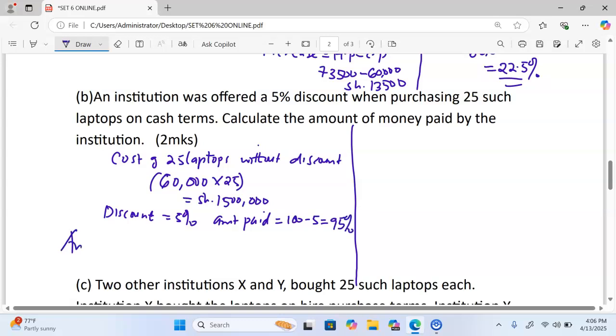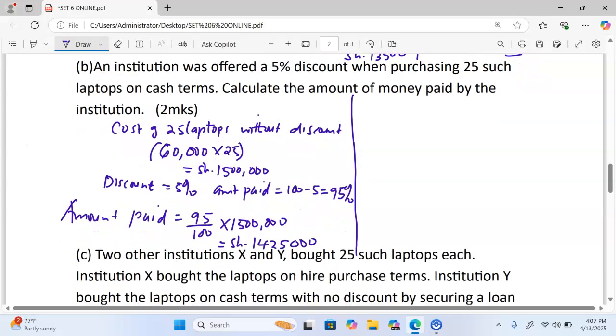So the amount paid, therefore, will be 95% of the total, and the total we have is 1,500,000, and this gives us an amount equivalent to Kenya shillings 1,425,000. 1,425,000 is the total amount that was paid by the institution.